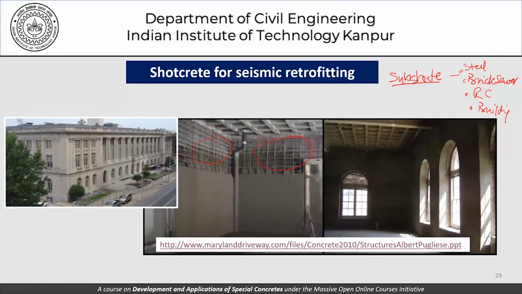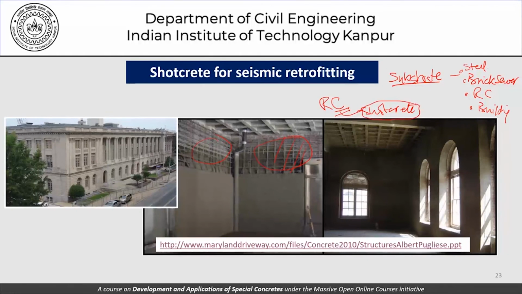But we can deposit or create additional thickness using reinforced concrete, except that the concrete that we use is shotcrete. So the reinforced concrete is the same, except that the concrete is shotcrete.